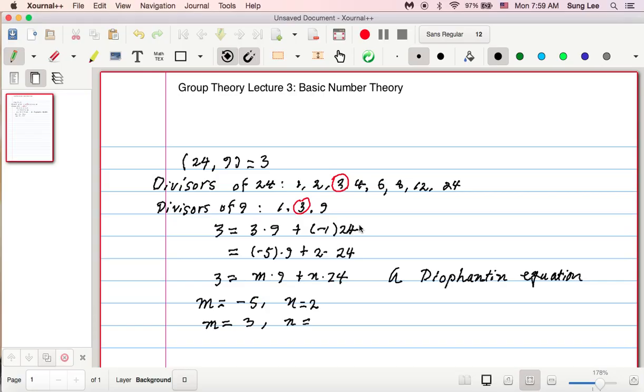That's looking better. All right, so as you can see, the solutions of a Diophantine equation are not unique.